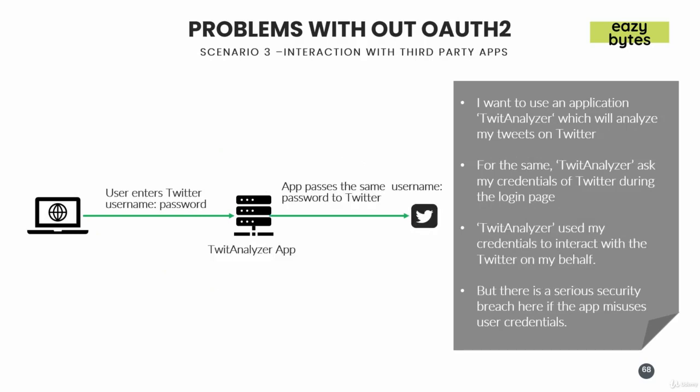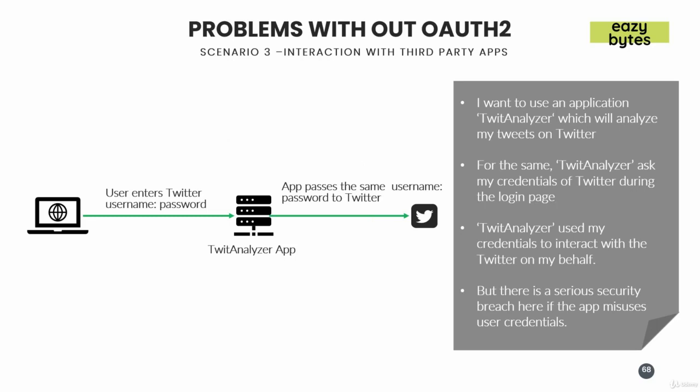Similarly, the last scenario that the OAuth2 framework is trying to solve is this: think of a scenario where you want to use, as a user, an application called Tweet Analyzer, which is built by a startup. What this Tweet Analyzer application will do is analyze all my tweets, retweets, likes and comments that I put inside my Twitter account and give some statistics to me.